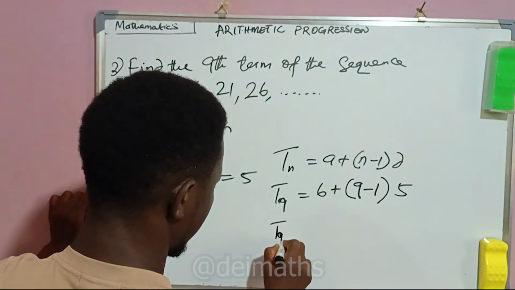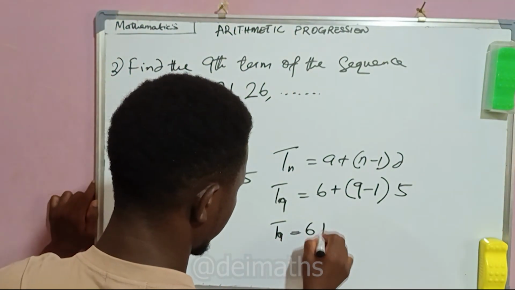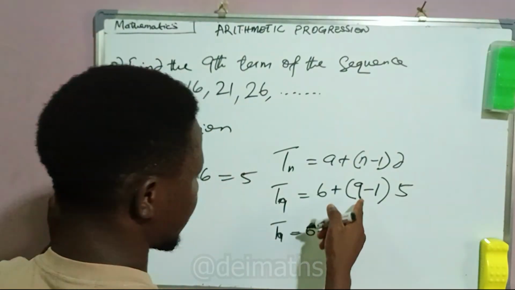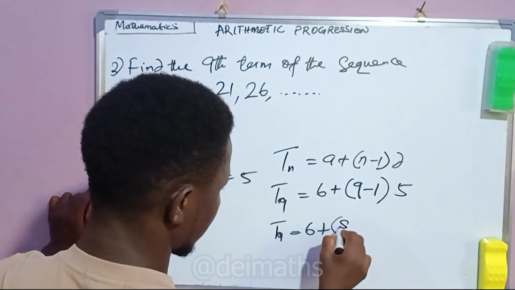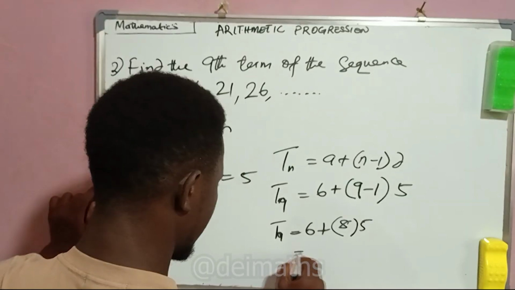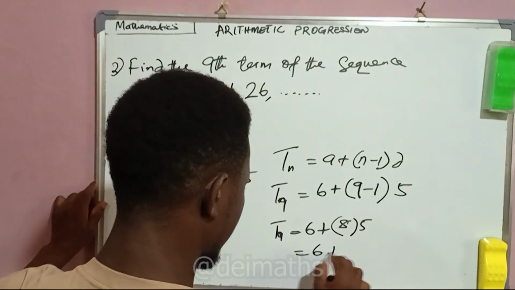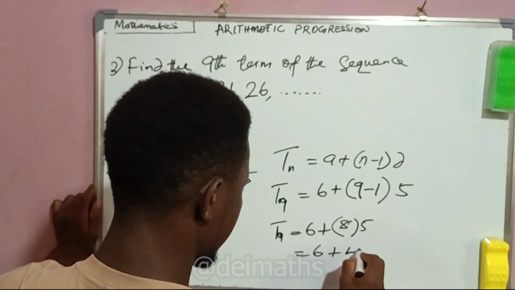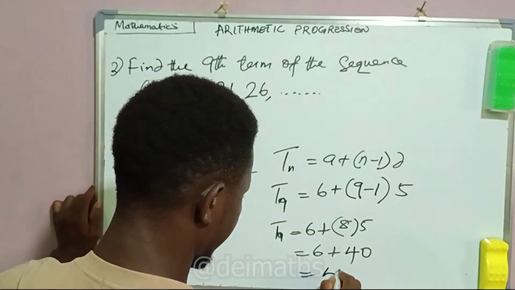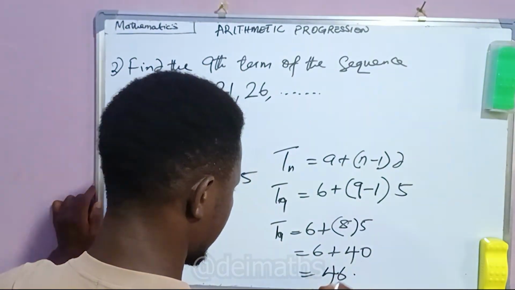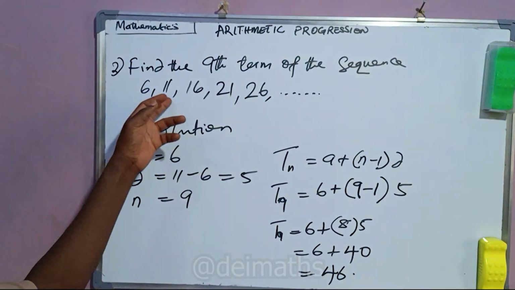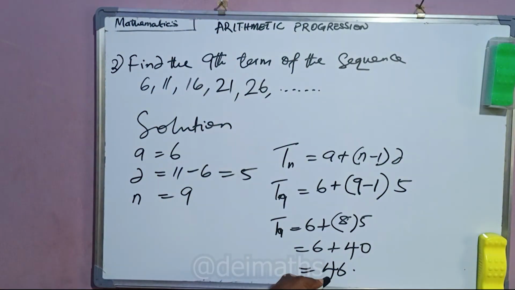T9 is equal to 6 plus 9 minus 1, which will give us 8. So that is equal to 6 plus 8 times 5, which is 40, so 6 plus 40 is 46. So our 9th term of this sequence is 46.